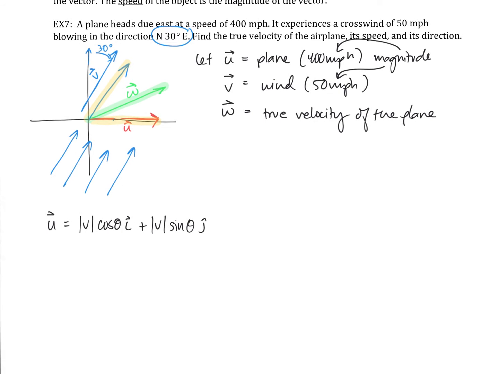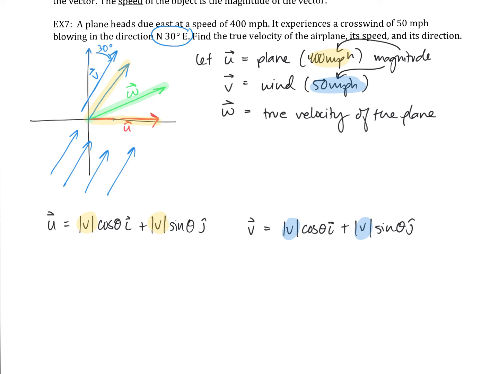And then for v, we need the same thing: magnitude cosine theta i, magnitude sine theta j. Well, we have the magnitude for all of them. So this is my magnitude here for the plane, and then we also have the magnitude for our wind right there. Now what we need is the theta values for both of these.